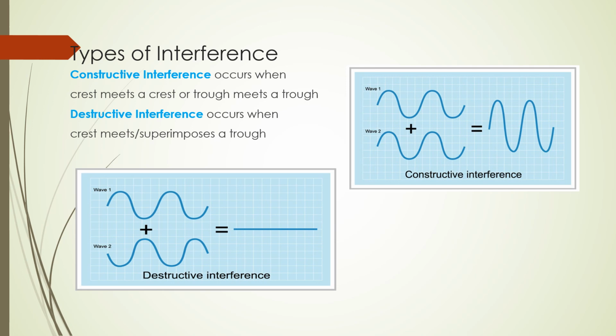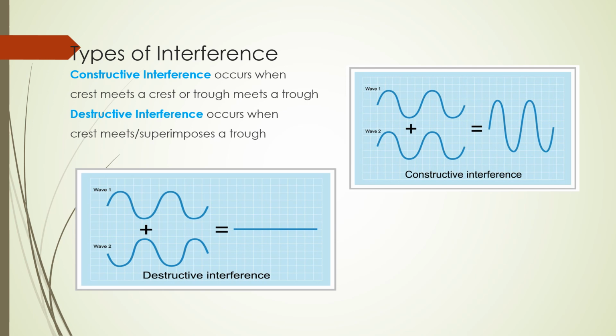Looking into the types of interference, there are two types: constructive interference and destructive interference. When two crests meet, or when two troughs meet, it leads to constructive interference.